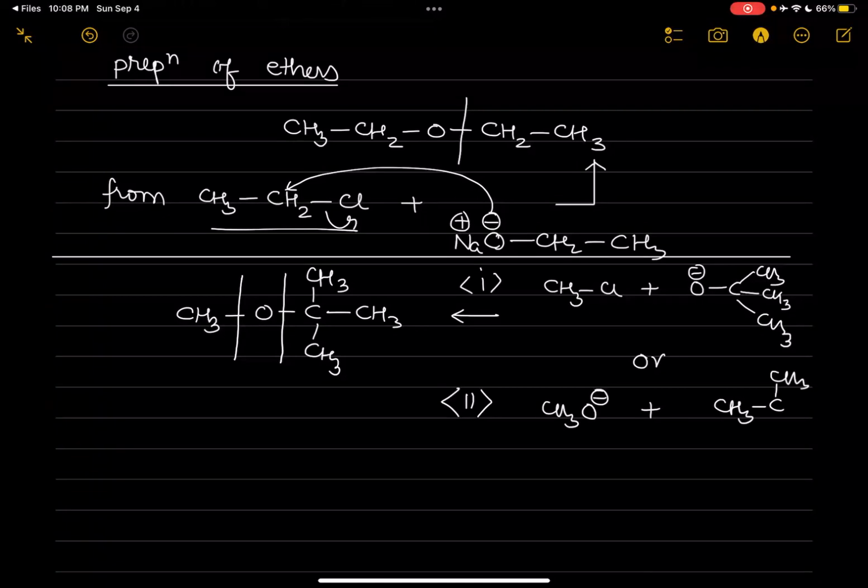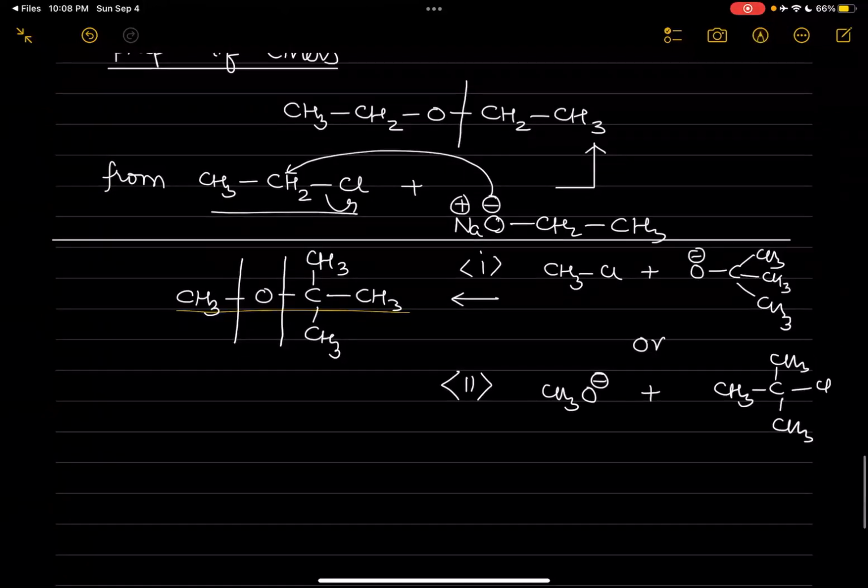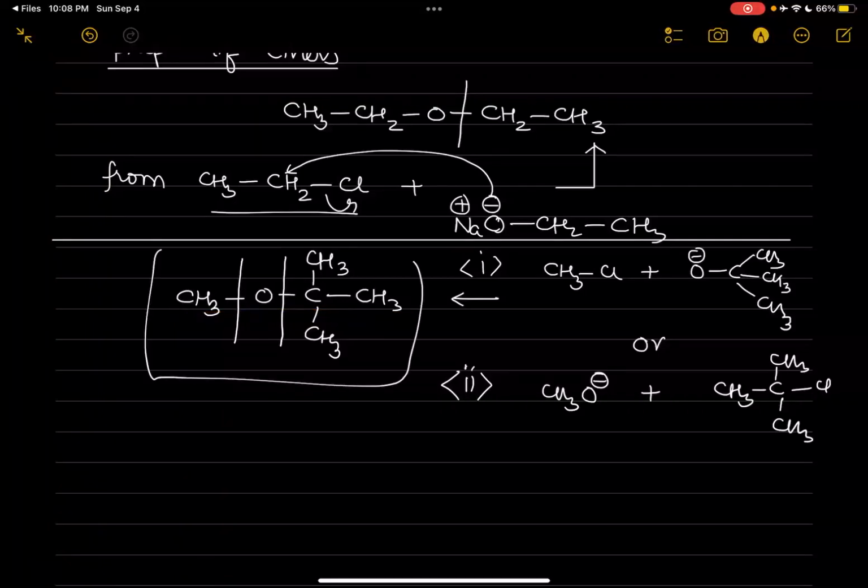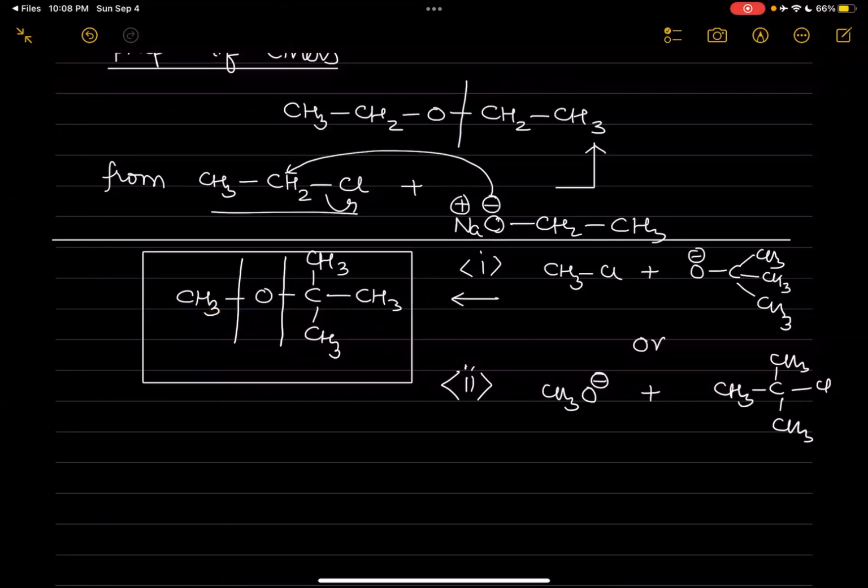And by which mechanism does this Williamson ether synthesis proceed? So which method is appropriate, the one that will give you this? Williamson ether synthesis. Tell me. Method 1 or method 2?